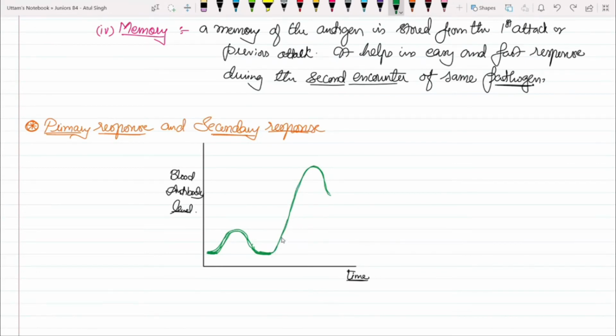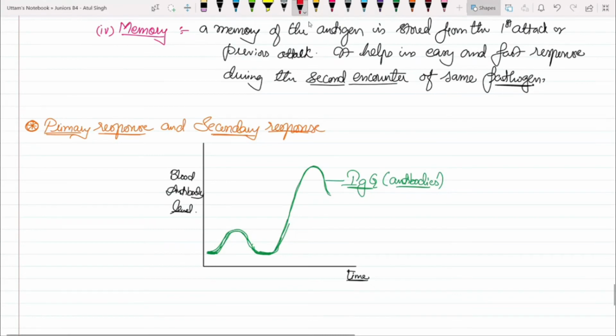During the secondary response, more IgG type of antibodies are produced. There is one more antibody over here that is noteworthy.